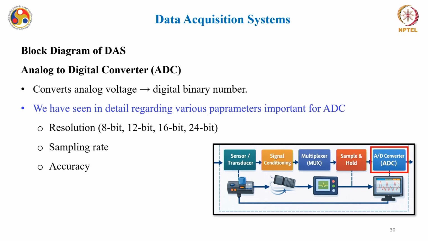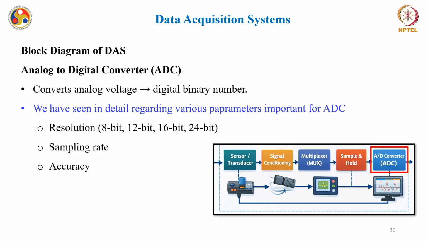To convert analog to digital, it requires a fraction of time where the analog input is constant. If it is changing, the output will definitely be erroneous. So this sample and hold circuit is desired in a DAS circuit, particularly for high frequency signals.